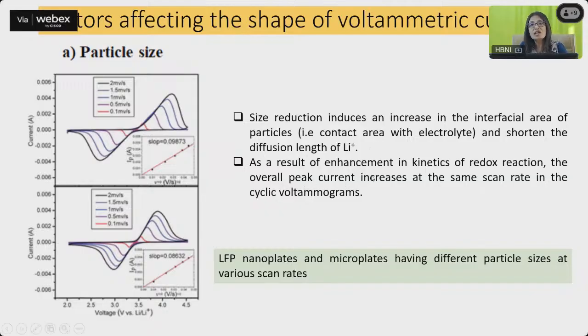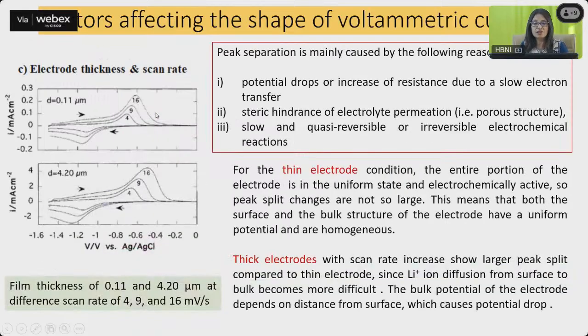As a result, there is enhancement in kinetics of redox reaction, and the overall peak current increases at the same scan rate in the cyclic voltammogram. So you see over here at 2 millivolts per second scan rate, the current is more than 0.004 amperes, whereas in this case it is less than 0.004 amperes. So with a nanoplate, the current rate is increasing. These are the factors which affect the shape of voltammetric curves.